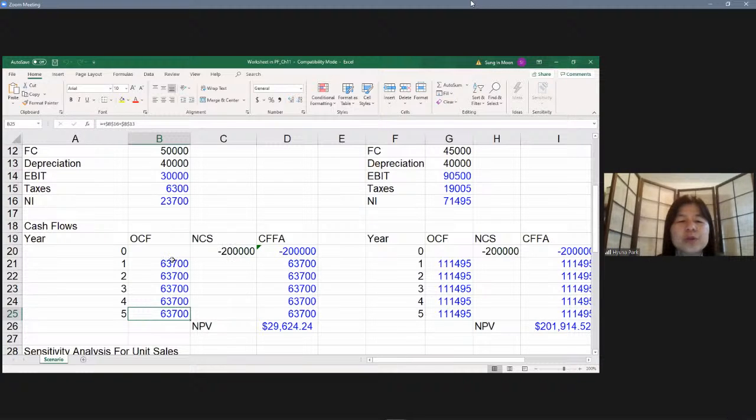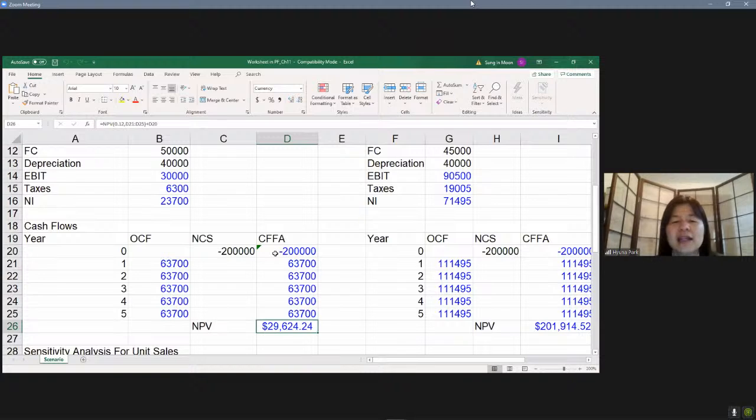And also, this is operating cash flow, and capital spending at time 0 is 200,000, and there is no working capital issue there. So here is the cash flow from assets, and you use Excel's NPV function and do the calculation.